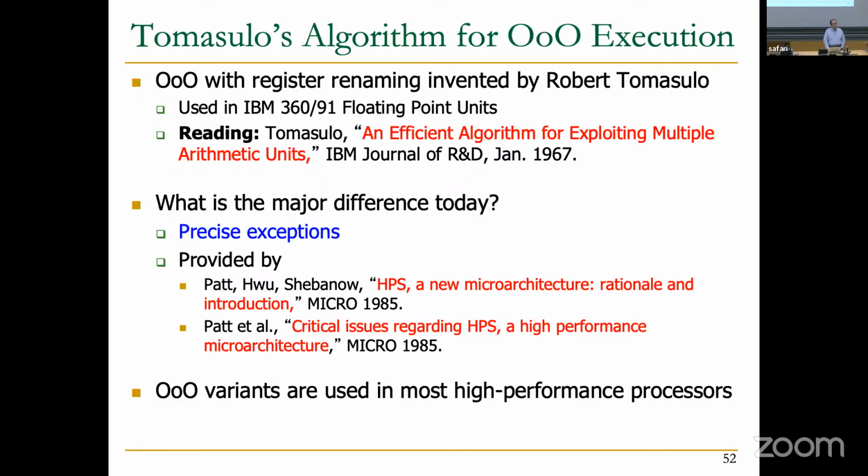So the IBM 360 was very good for research because it led to a lot of developments, but sadly for IBM it was not really useful financially, because they couldn't earn a lot of money from it, since people couldn't really program for that machine without precise exceptions. Precise exception is really important, as I said in the past, for debugging. So if you don't have precise exceptions, writing code for that machine is just a headache.